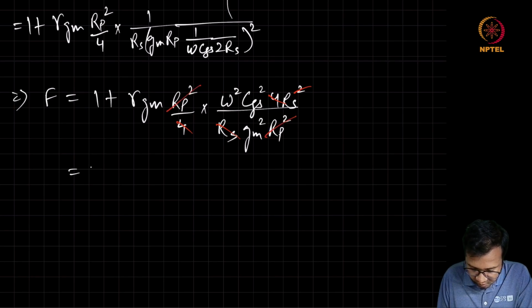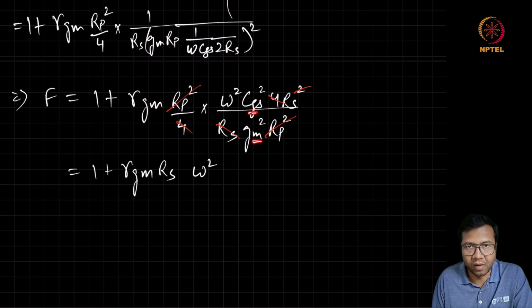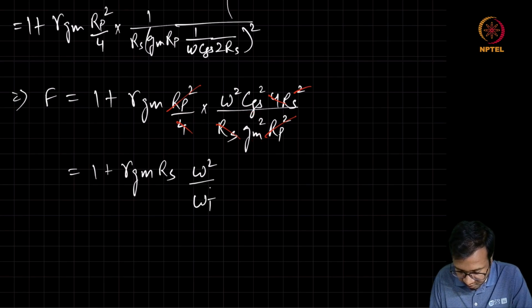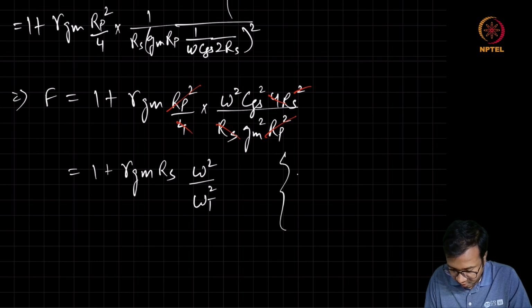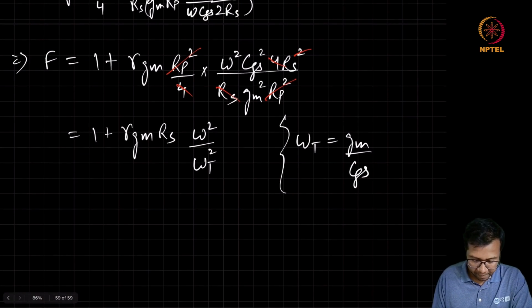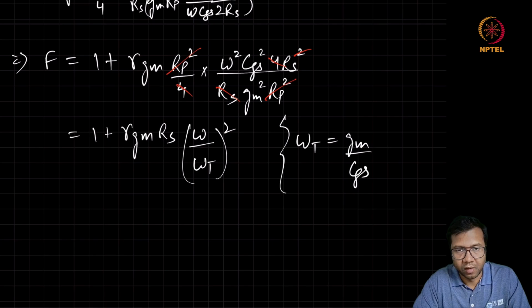This becomes equal to 1 plus gamma GM RS into omega square, and again we see this GM by CGS kind of term is coming. So this is the final expression for the noise factor.